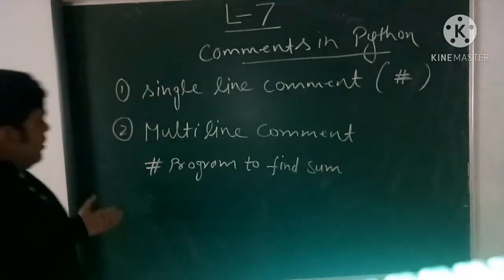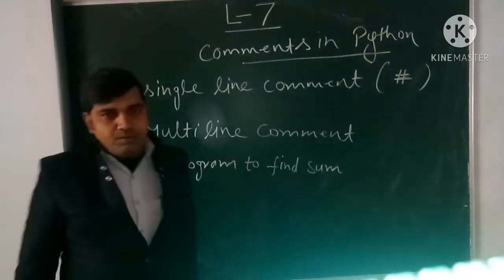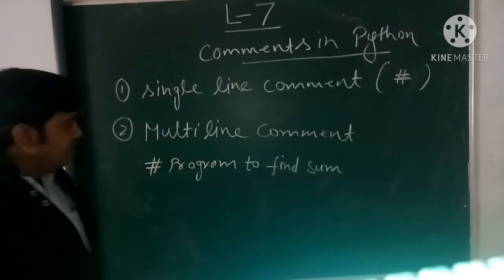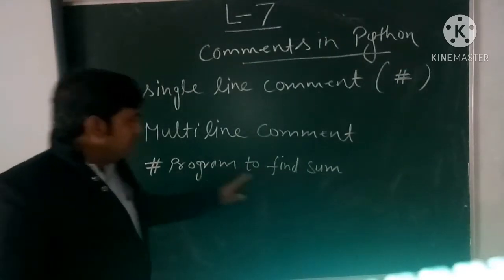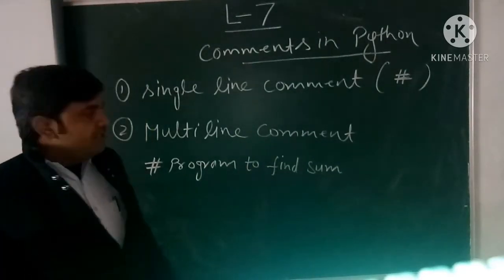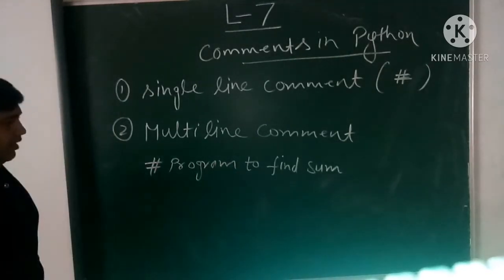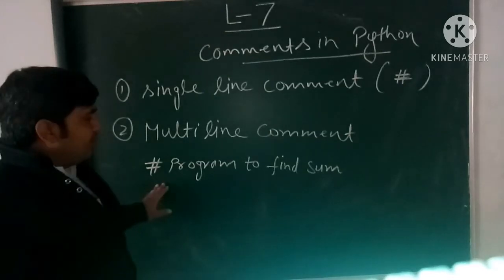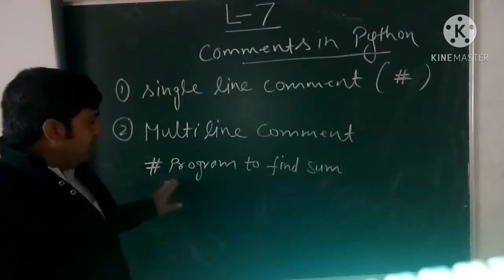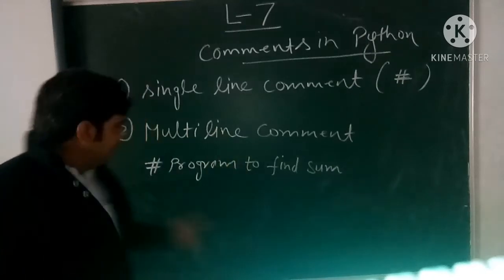Suppose a third person wants to read the code and understand the program. If you have written comments in the program, it will be easier for that person to understand your Python code. So if you want to write a comment which consists of only one line, use this hash symbol.